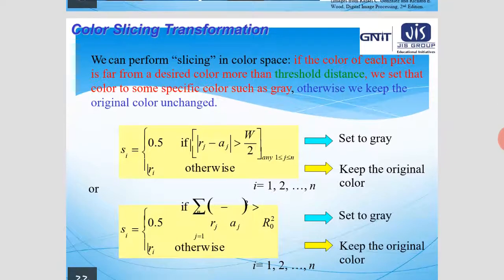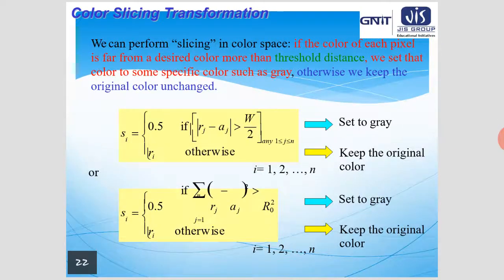Now we can see the color slicing transformations, where we can perform slicing in color space. If the color of a pixel is farther from a desired color than a threshold distance, we set that color to some specific color such as gray, otherwise we keep the original color unchanged. Here we can see the corresponding formulation.